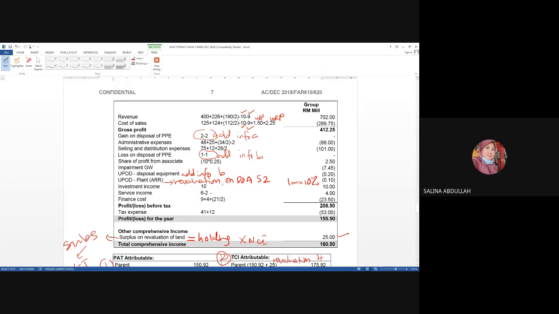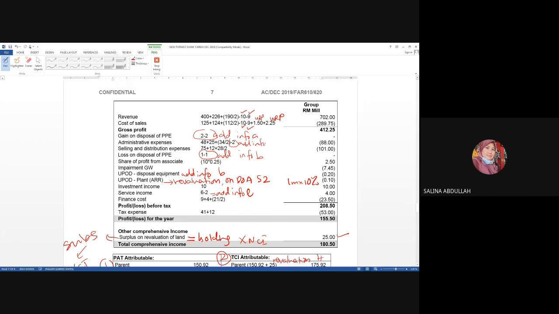So this 2 million is actually from service income. This is intra-group service income, which is additional info E. And can you see here the same 2 deducted from admin expense?